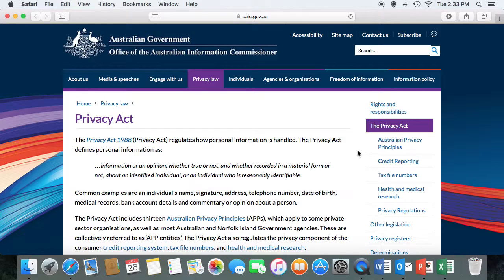Common examples include their name, signature, address, telephone number, date of birth, medical records, bank account details, and commentary or opinion about the person. So if you can be identified, then that information is potentially protected under the Privacy Act.